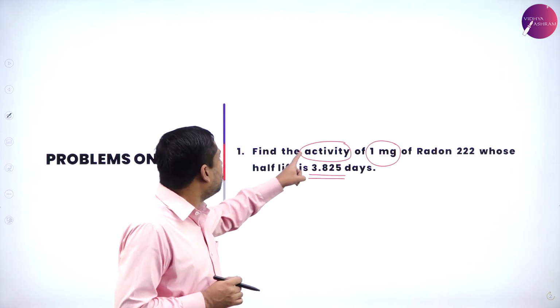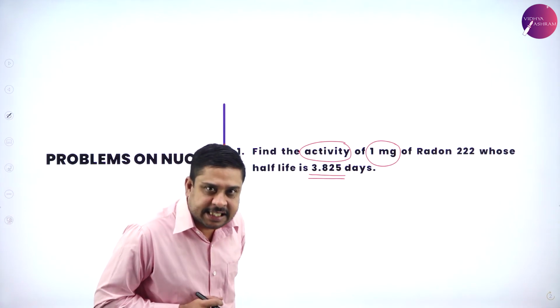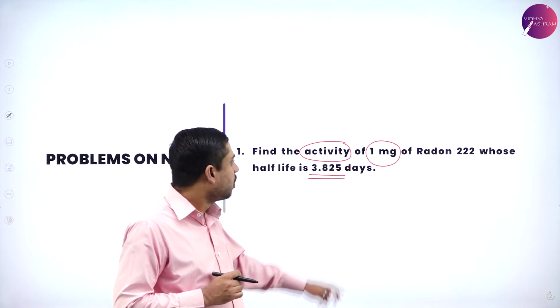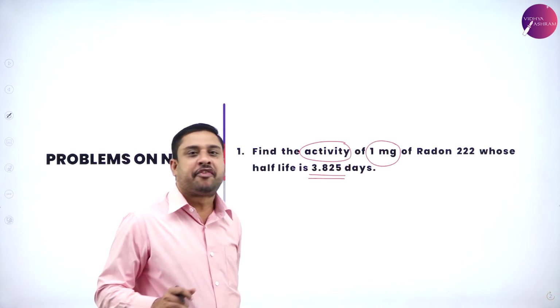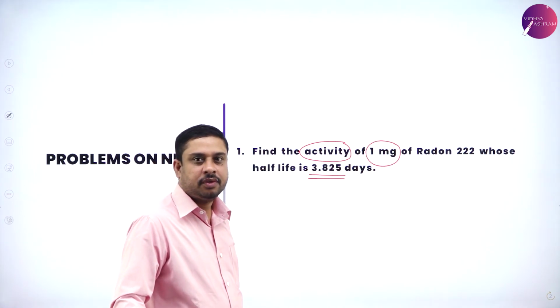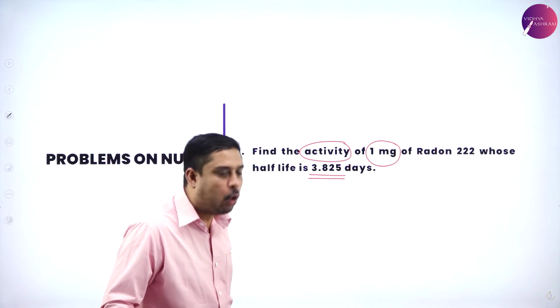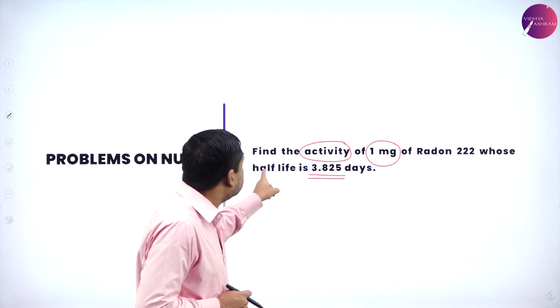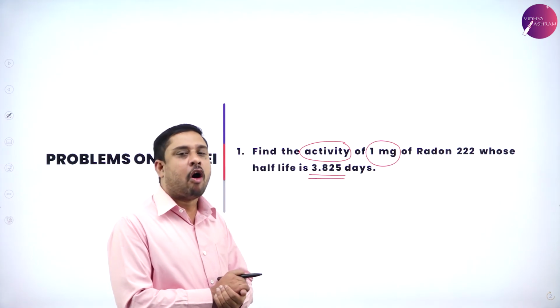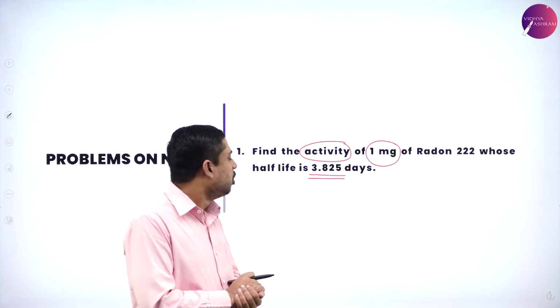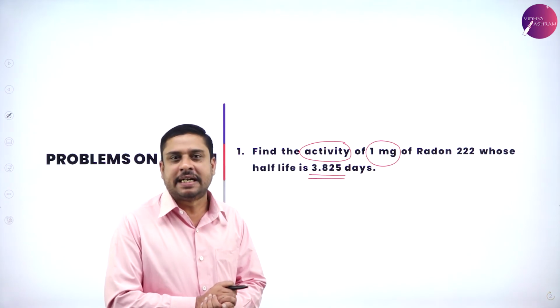So I will be calculating the activity of 1 milligram of radon-222 whose half-life is 3.825 days.